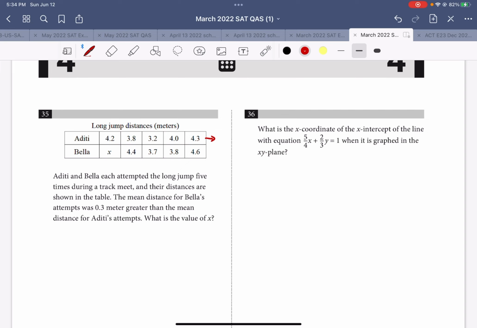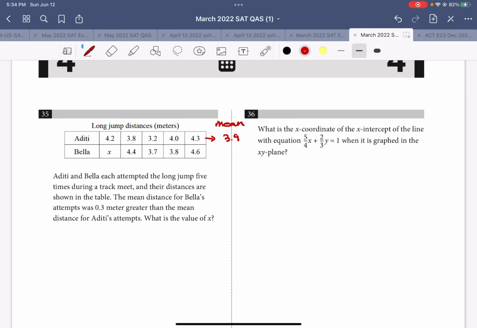So let's do that. 4.2 plus 3.8 plus 3.2 plus 4.0 plus 4.3, divided by 5. So I got 3.9 mean value for Aditi, 3.9 meters.